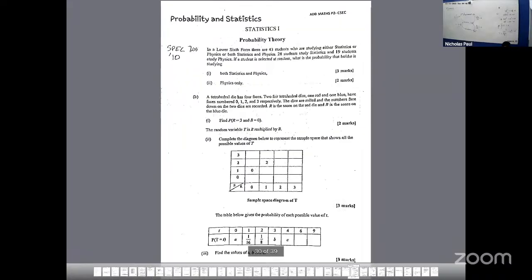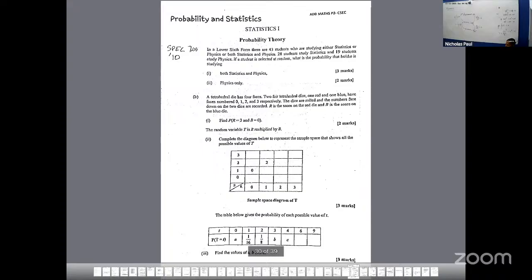Hey, where did I get it one from today? There was a paper.